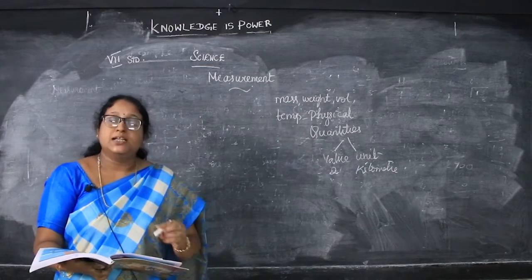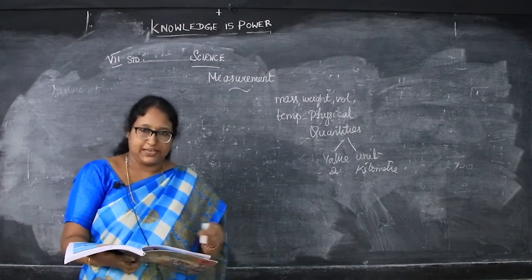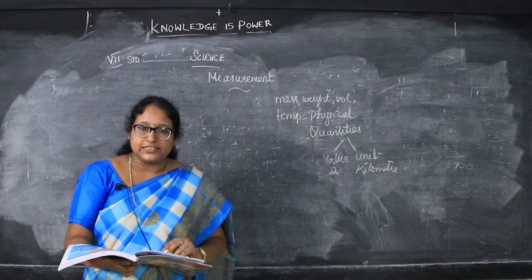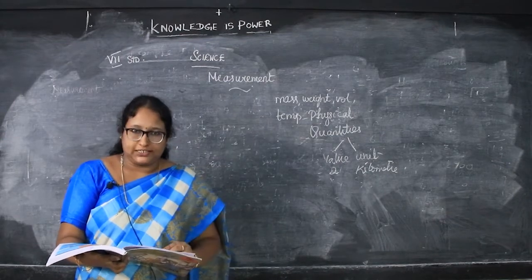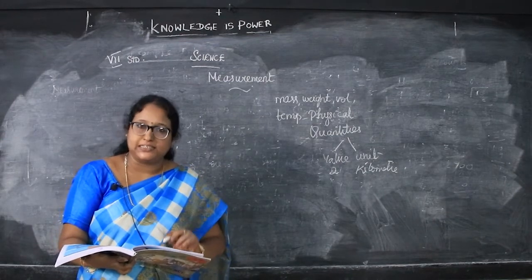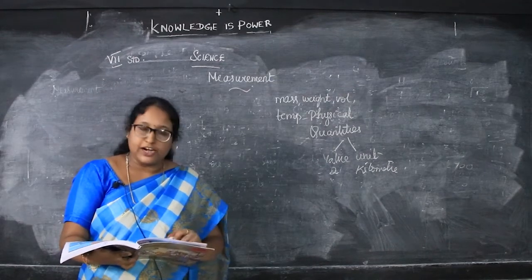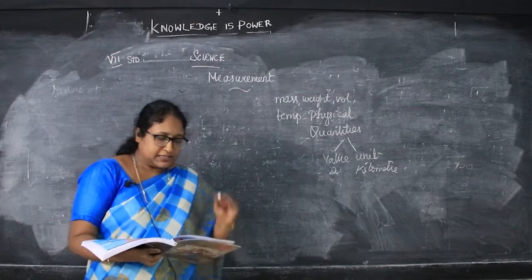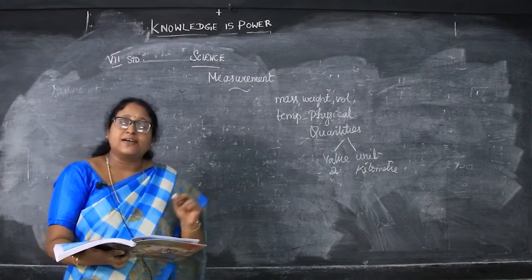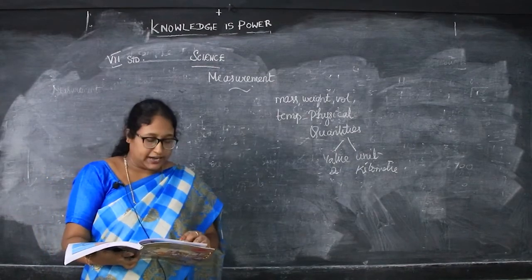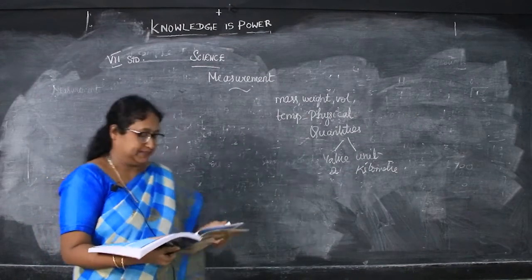For example, length, mass, time, etc. So, what are fundamental quantities? A set of physical quantities which cannot be expressed in terms of others is called fundamental quantities. Now, these fundamental quantities have a corresponding unit, and this is called fundamental units.